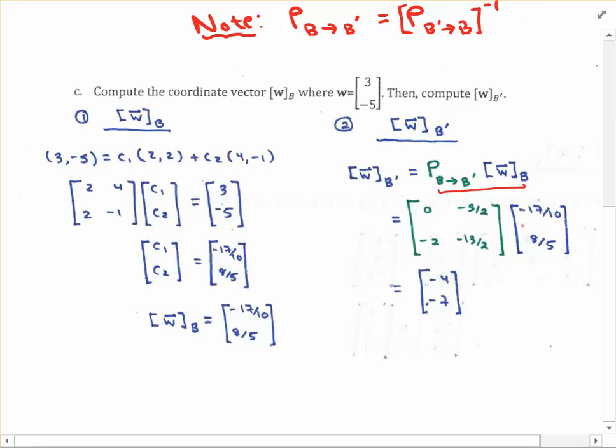And when you multiply them out, you get -4, -7. So that's what the vector w would look like with respect to the basis vectors from B prime. And you're welcome to check that by writing the vector w first as some sort of unknown linear combination of the basis vectors u1 prime and u2 prime, and then solving directly.